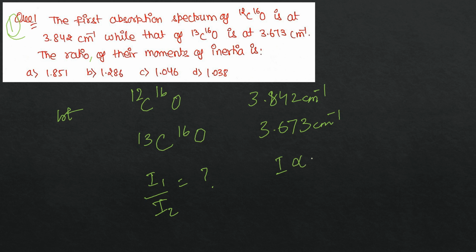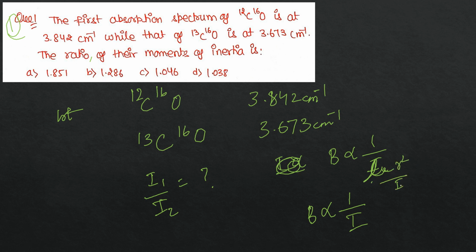So we know B is inversely proportional to I, like we just did it. Like how? B is proportional to 1 by mu, right? So in that way, B should also be inversely proportional to I because mu R square is I, isn't it?